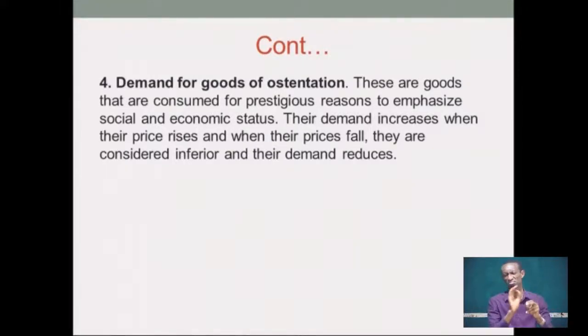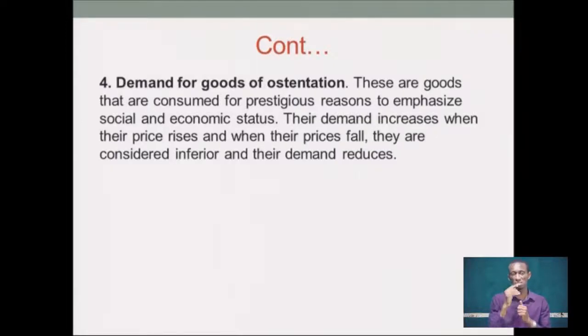But when their prices reduce, these people will consider these commodities as inferior, as goods for poor people, and they will reduce their quantity demanded. They will just leave them. So those are goods of ostentation.